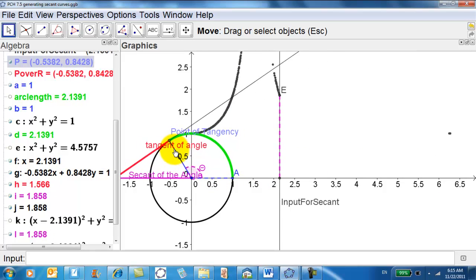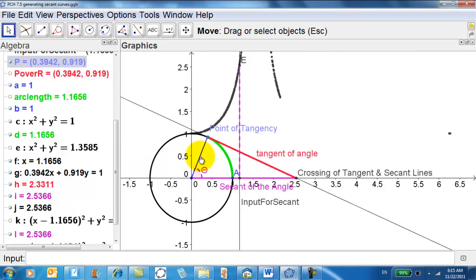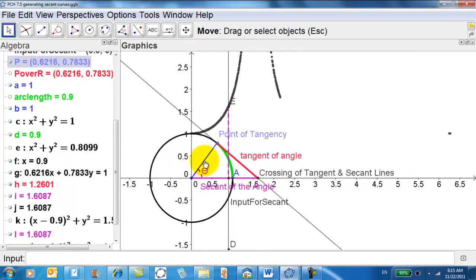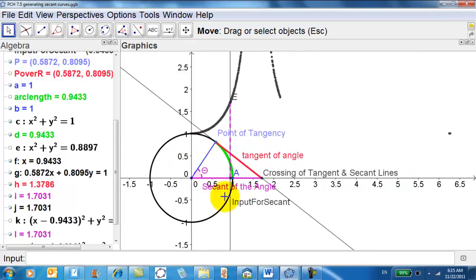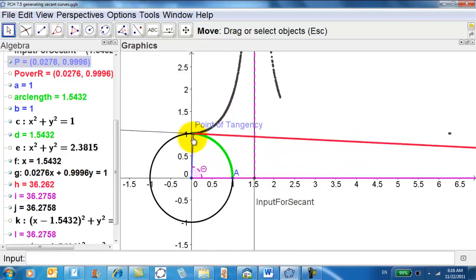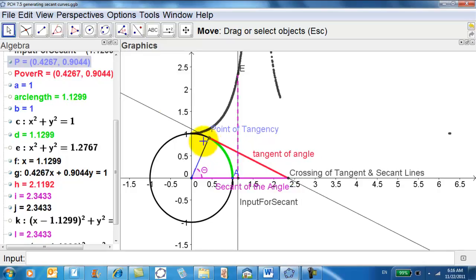Now notice if I come over here, it starts continuing. It's a little off there because it doesn't do the right sign. I'd have to look at the point, see that point D down there? That would start giving us the proper point for the secant in this quadrant. Okay? Great. That's possible.